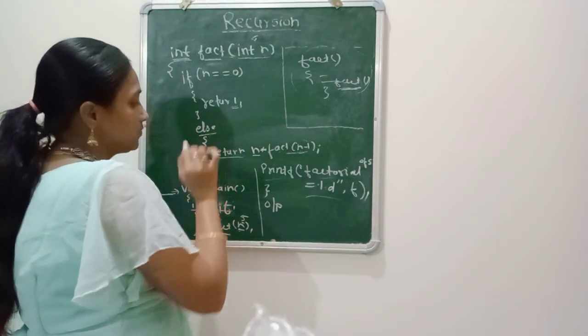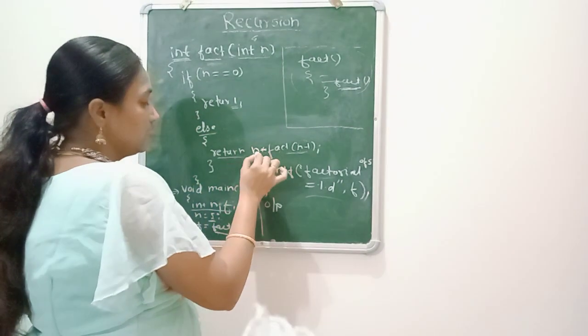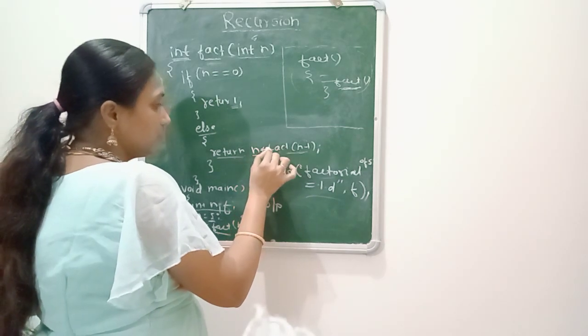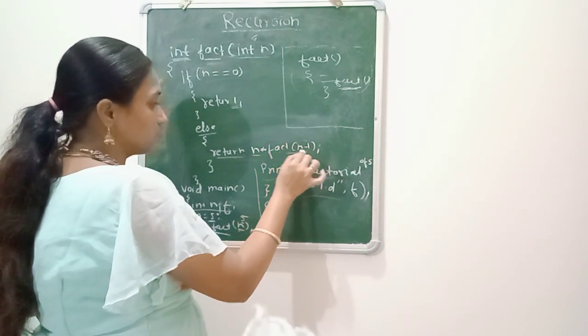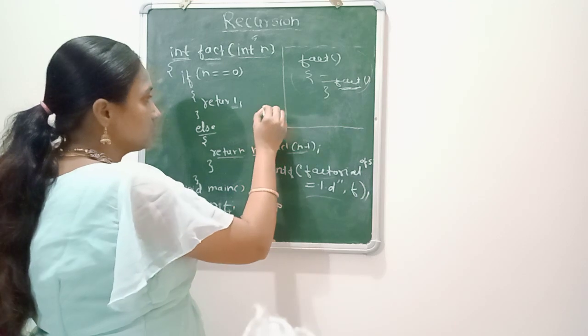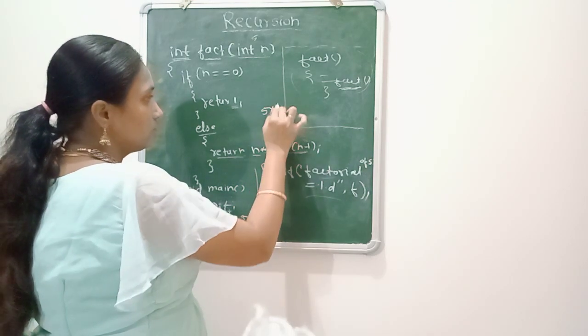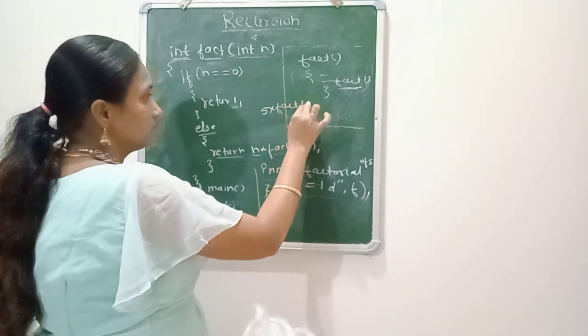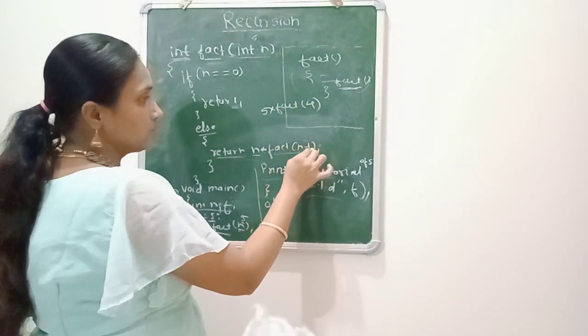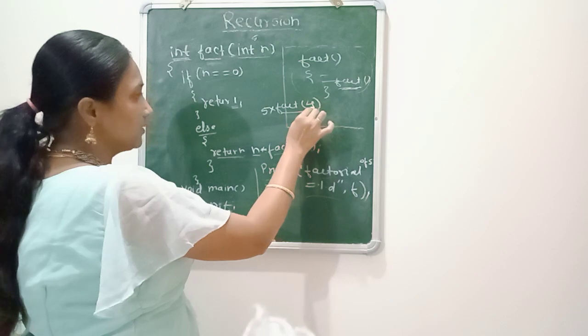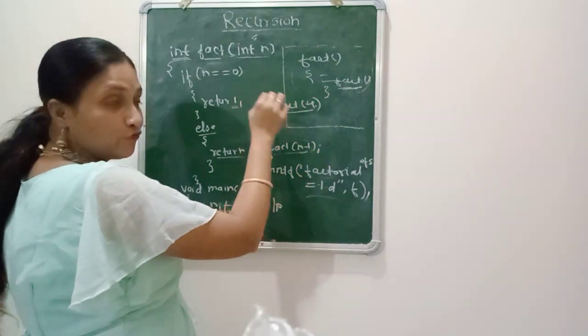It goes to the else part, return n into fact of n minus 1. So what it returns? 5 into fact of 4, correct? 5 minus 1 is 4. Again it calls the function by passing 4 to it.